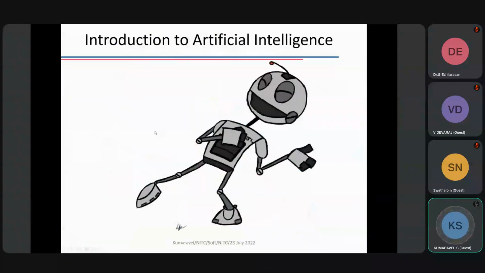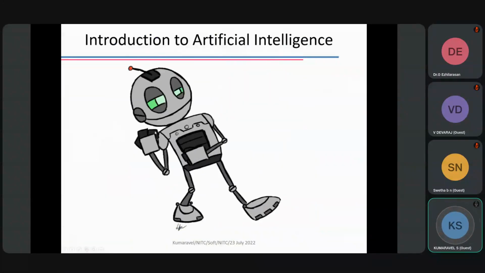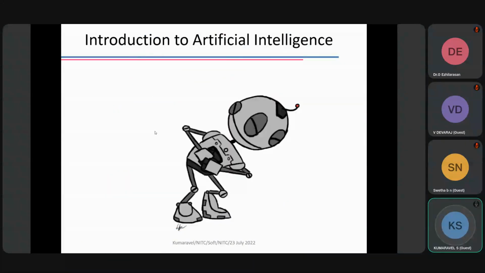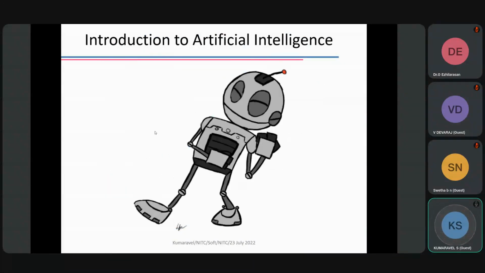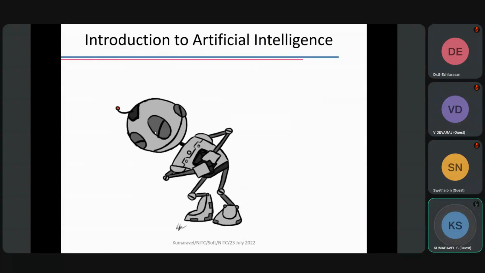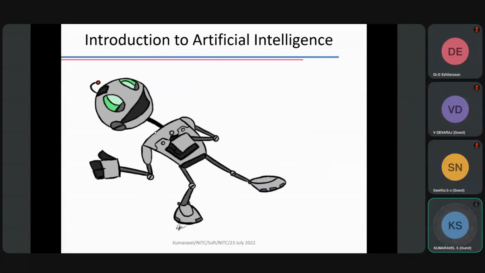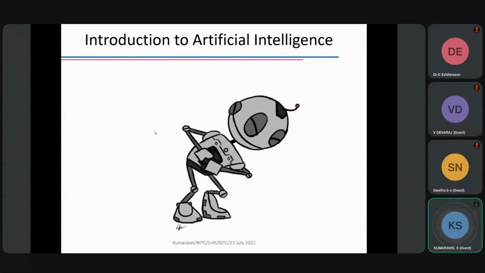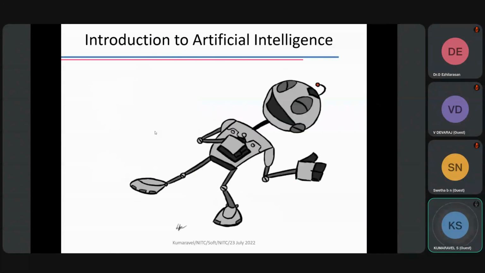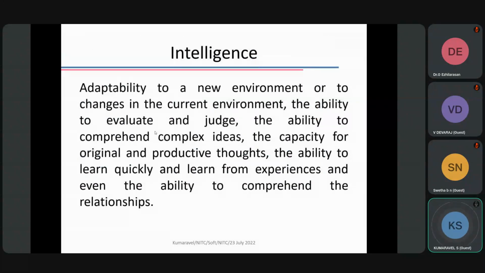So smart grid I already covered. Now, how can artificial intelligence help in promoting renewable energy? That is our agenda today, right? Now I have given a brief introduction to renewable energy.